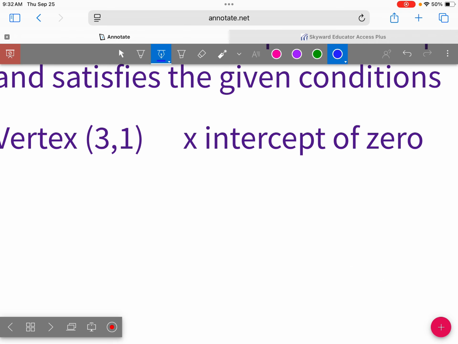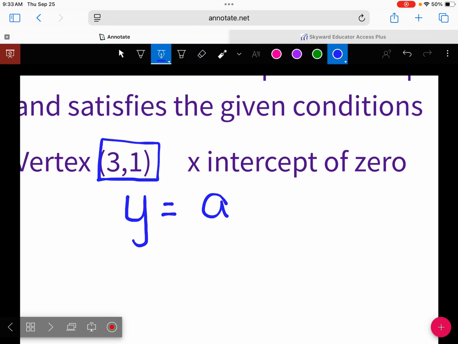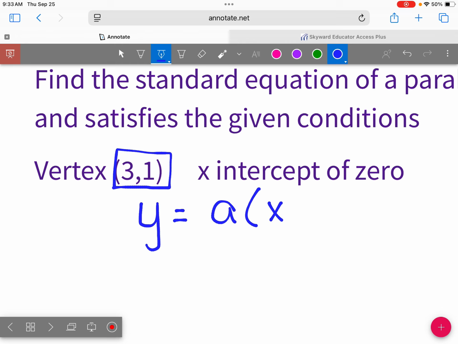I love it. So what is our vertex form for the vertex of 3, 0? Or sorry, 3, 1. x minus 3 squared plus 1. So we start with our parabola that has that same vertex.